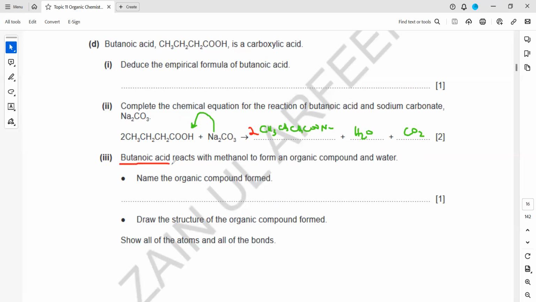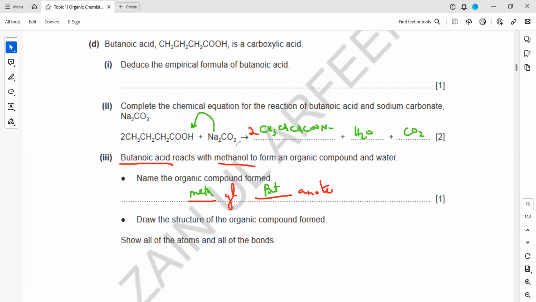If butanoic acid reacts with methanol, alcohol with acid, what will the product be? The product will be an ester. So what is the name of the ester? The ester name ends in -yl and -oate. The first name of the ester is from the alcohol. So which alcohol is there? Because of methanol, it will be methyl. And because of butanoic acid, it will be butanoate.